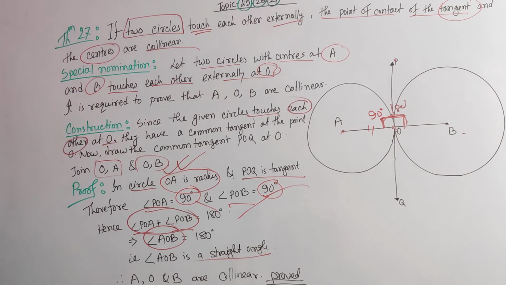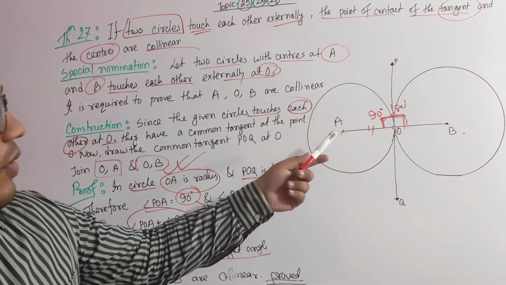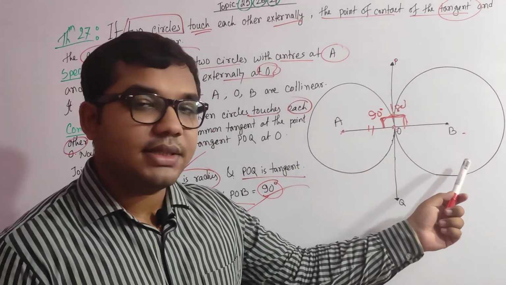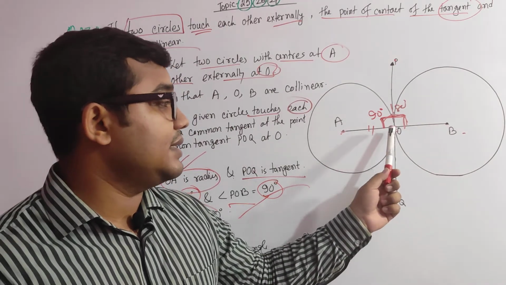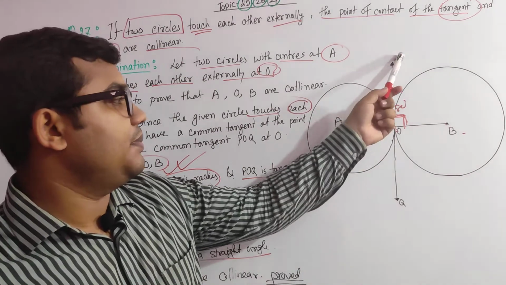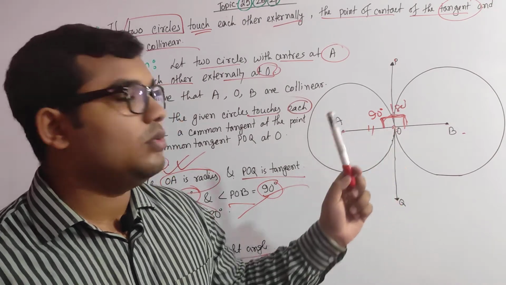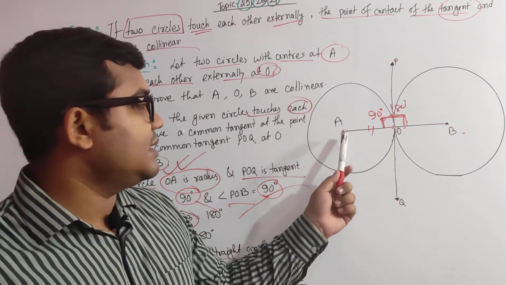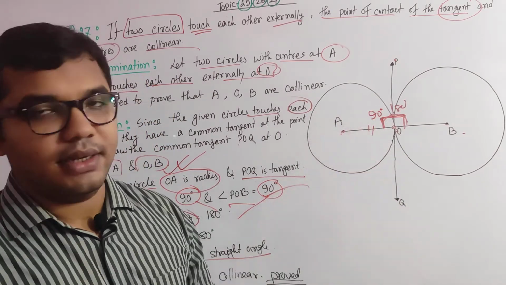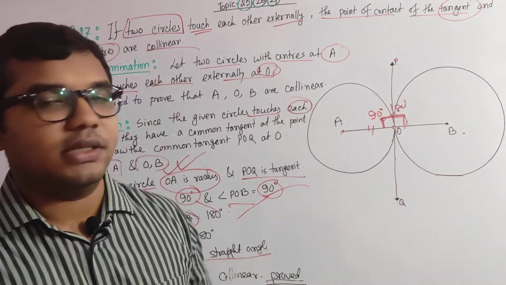I wanted to go for a re-summarization of this theorem. First of all, we have two circles with centers A and B, touching each other externally at point O. Now we draw a tangent POQ, which is perpendicular to the radius, so angle AOP is 90 degrees and angle POB is 90 degrees.